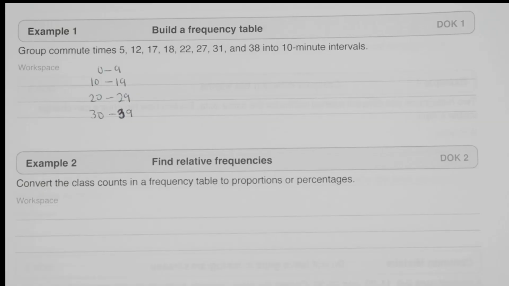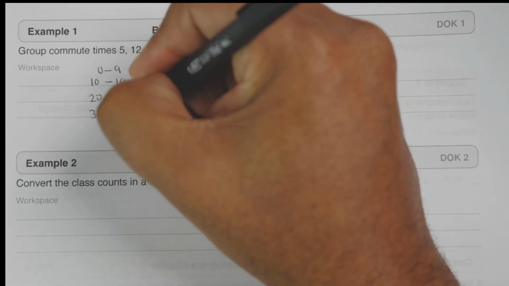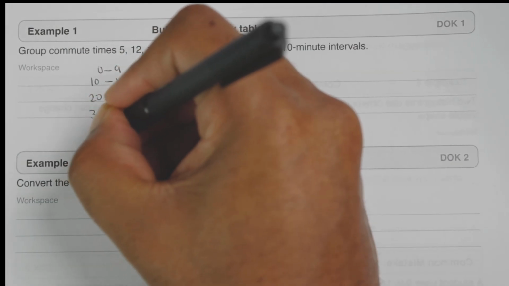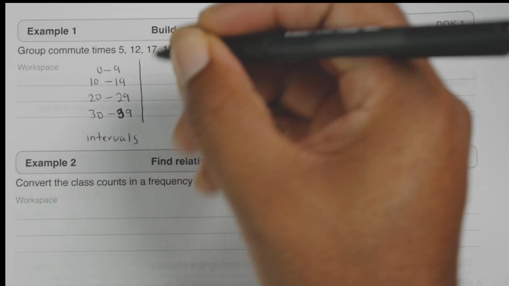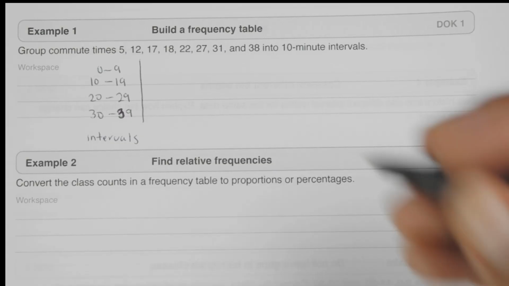Now we have to count how many values fall into each group. So we have our intervals, and now we want to calculate how many values fall into each group.